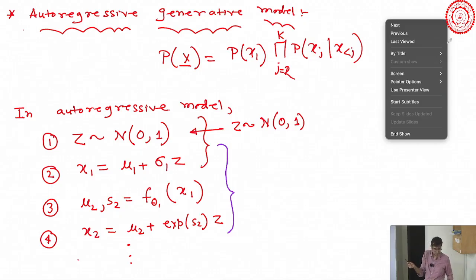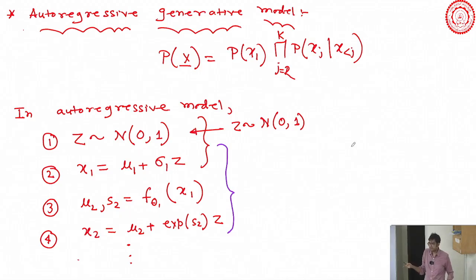Correct? So x is known to me because it is training data. Theta for a given epoch or iteration is known to me because for that epoch I have some guess for theta. So does it not mean that in terms of that theta, valid for that iteration or epoch, I can always find out mu and s? Right?